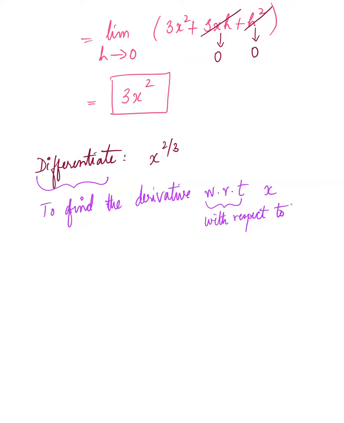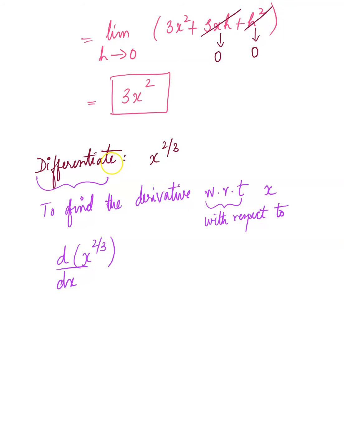That helps us to do this as dy over dx. There is no y in the problem, so you can write it as dy over dx. Or if you didn't want to introduce something that was not in the problem, you'll simply say derivative of x power 2 over 3 with respect to x. So d over dx of x power 2 over 3.